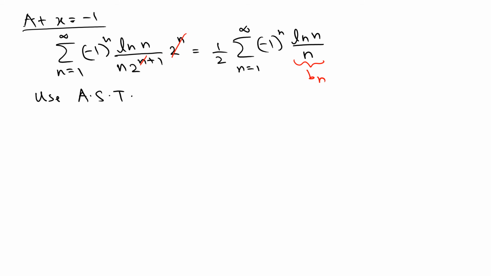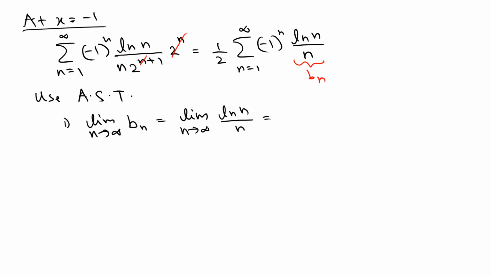So let's look at the limit. The first one is the limit as n goes to infinity of bn, which is the limit of ln n over n.